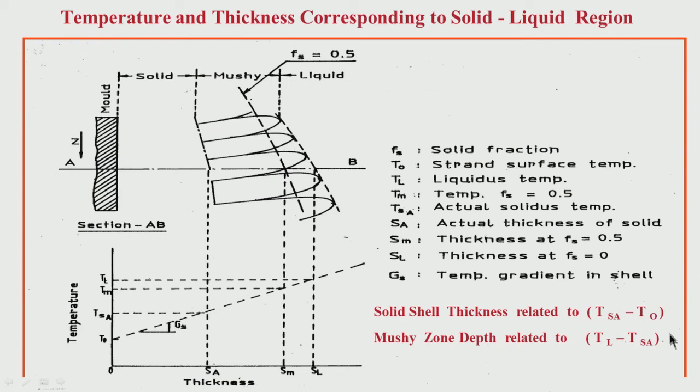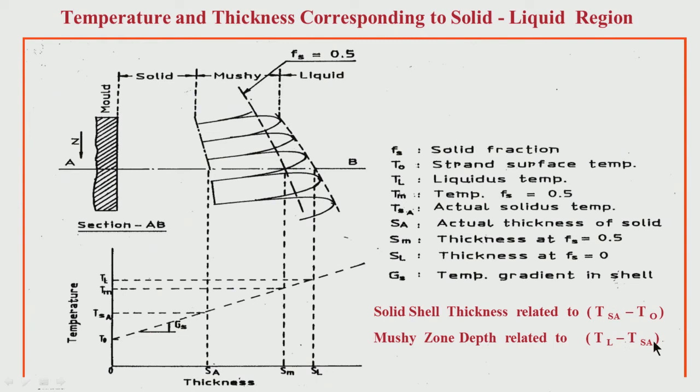So, what is segregation doing? Segregation is depressing the actual solidus. By depressing the actual solidus, TSA is coming down. That means the difference between TL and TSA is increasing.